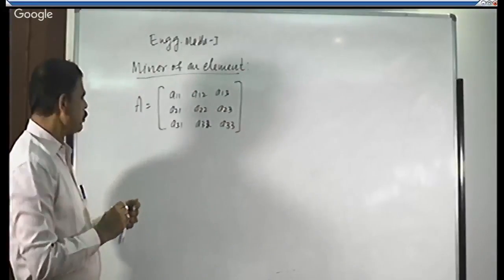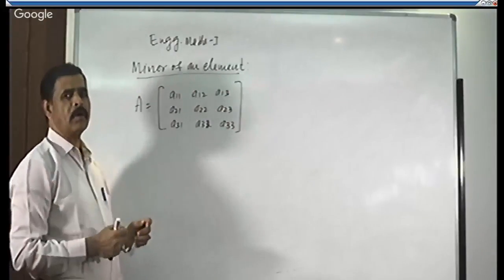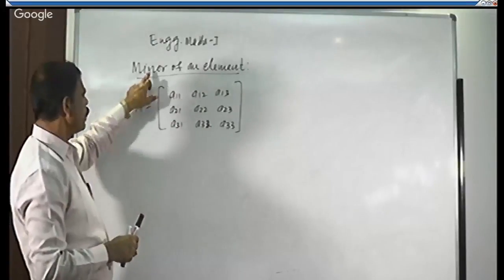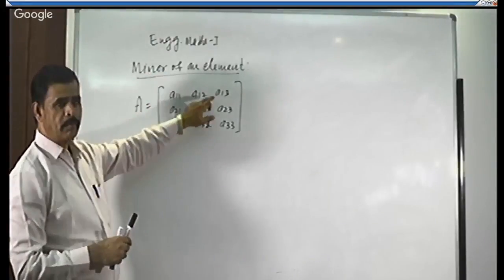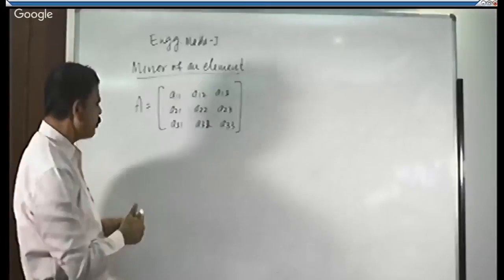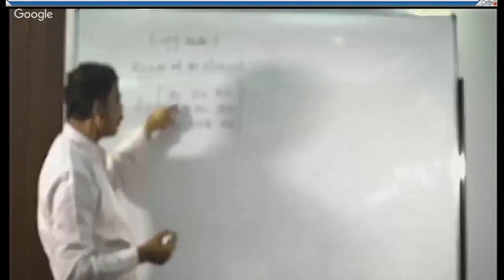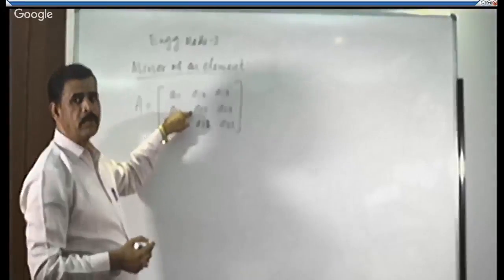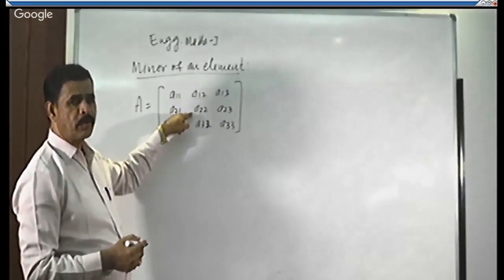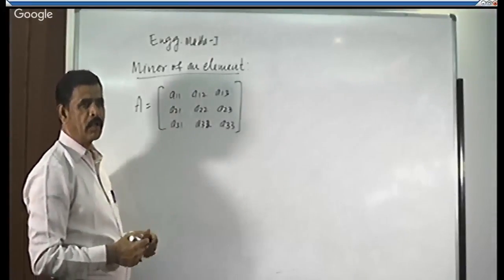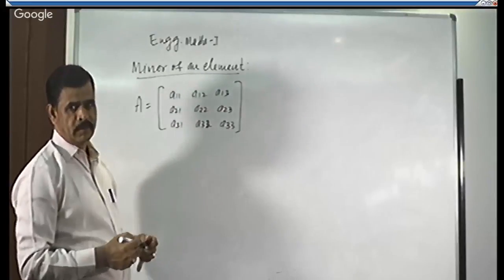In this square matrix, I can find the minor of each element. The minor of an element is a next lower order determinant, which is obtained by deleting the corresponding column and corresponding row of the element.